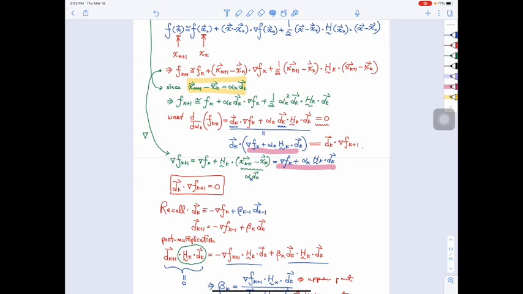Now, remember, since gradient f k plus 1 dot dk equals 0, we know if we subtract 1 from the index, this should still be correct. So we know this is 0. And how about this? This is definitely 0, because this is H orthogonal.